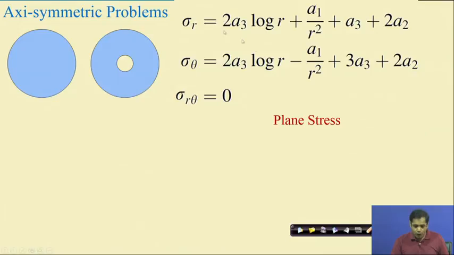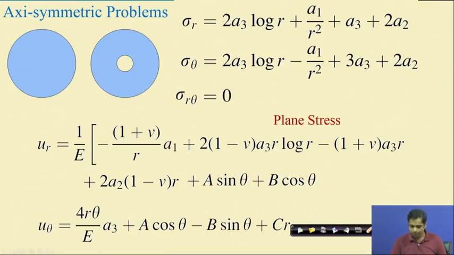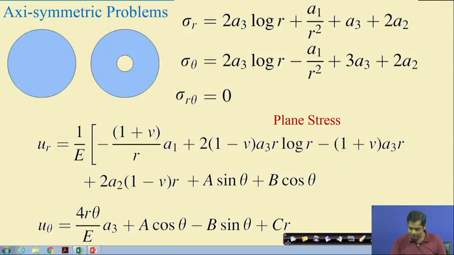Once we have these stresses for either domain, consider it a plane stress problem, and we know the stress-strain relation for plane stress. Substitute all these stresses into that relation, get the strain components, and integrate them to get the displacement. If we do that exercise, then this will be the displacement field: this is for radial displacement u r, and this is for tangential displacement u theta.